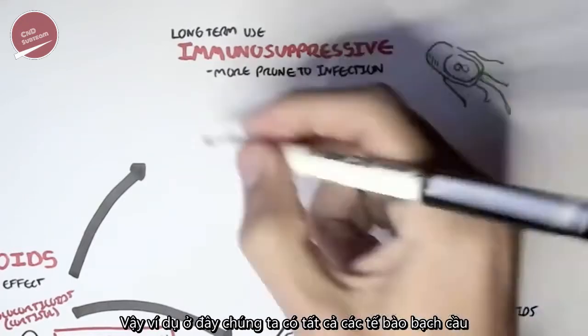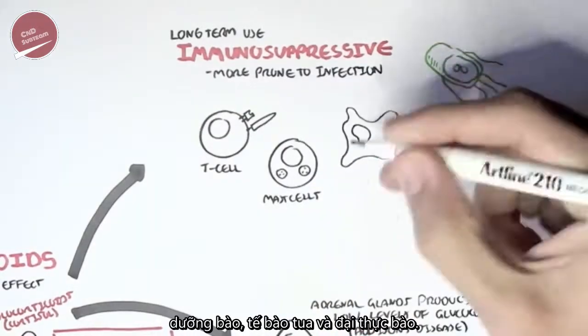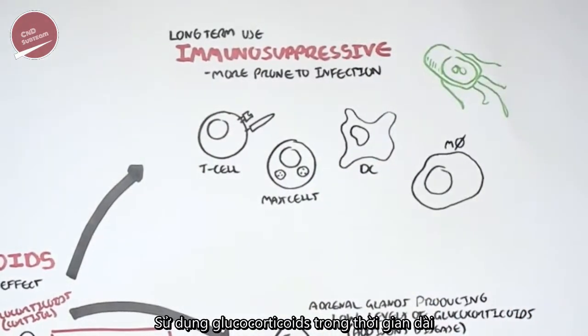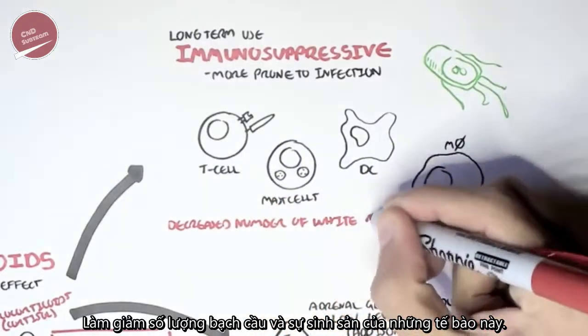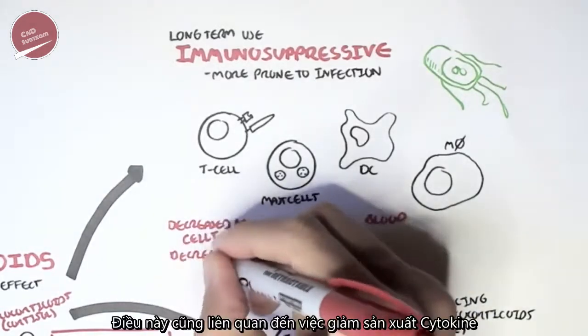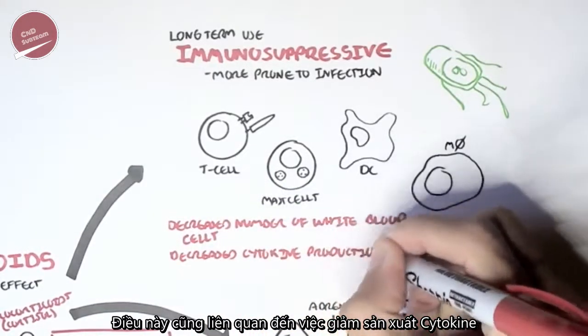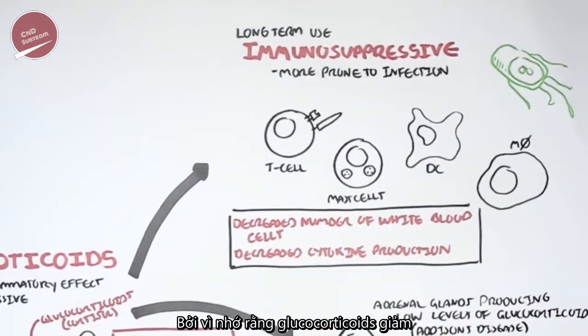Here we have some white blood cells: the T cells, mast cells, dendritic cells, and macrophage. Using glucocorticoids for a long time decreases the number of white blood cells and their production. This is related to the decreased cytokine production as well, because remember, glucocorticoids reduce the production of inflammatory mediators.